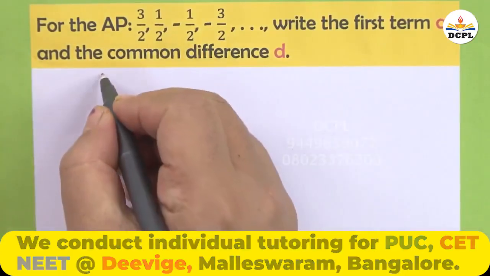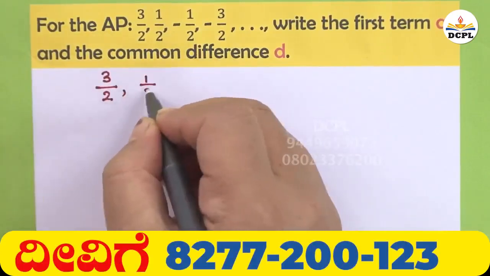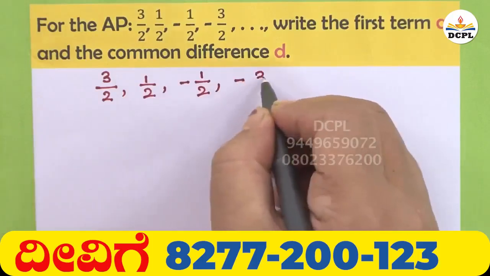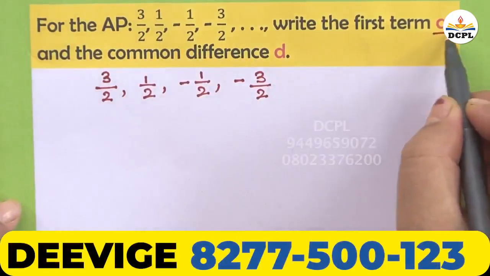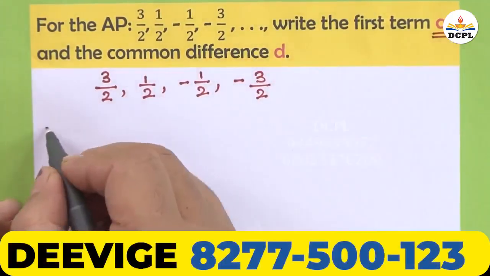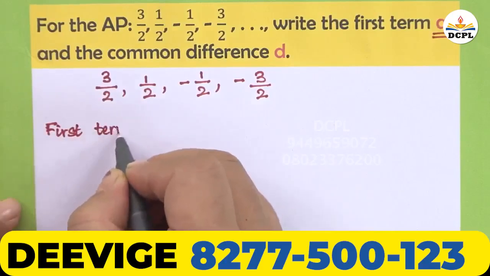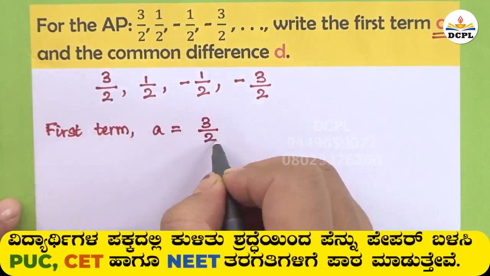Since the AP is already given as 3/2, 1/2, -1/2, -3/2, as you observe here, since A is called the first term, we can clearly write the first term A is given by 3/2.